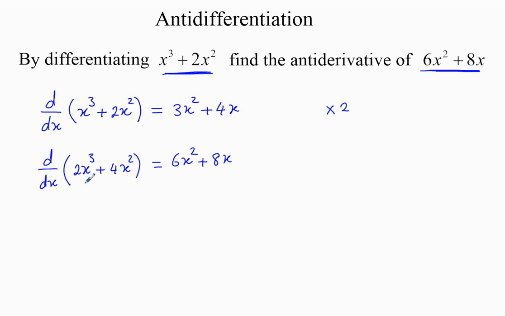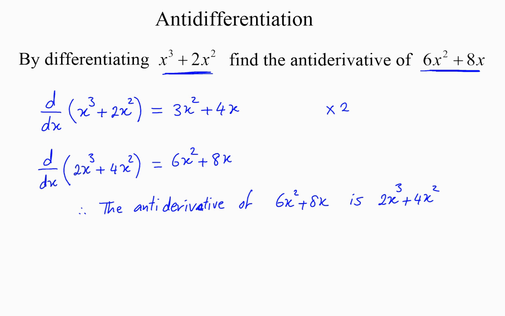So the derivative of 2x cubed plus 4x squared gives me 6x squared plus 8x. Therefore, the antiderivative of 6x squared plus 8x is 2x cubed plus 4x squared.